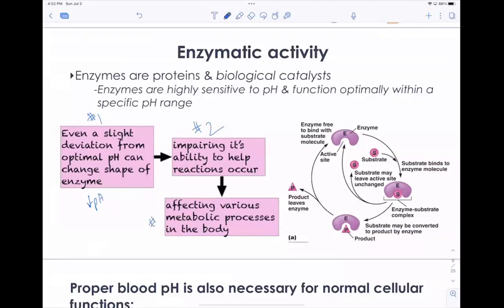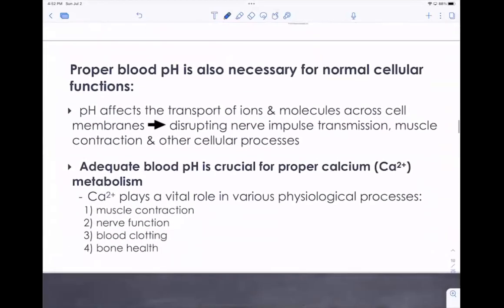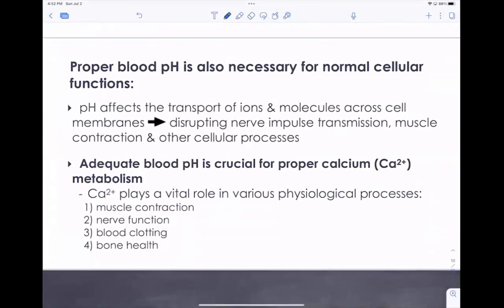And so what is the overall effect? Metabolic processes in the body can no longer function at a rate that you may need for the energy demands of the cells. So that's really important. In addition, pH is going to affect cellular function. So like transporting sodium, potassium into and out of cell membranes, these are protein channels. And so if those also get denatured, they cannot let ions into and out of the cell.